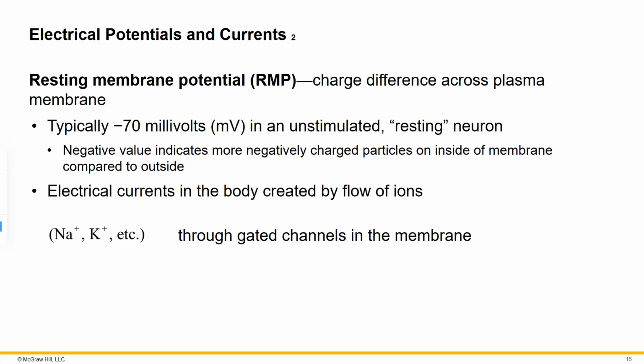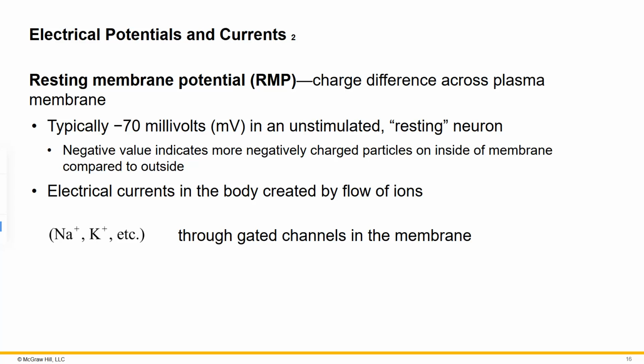So we call this a resting membrane potential of about -70. That number is significant, so you should make a note of the -70 number. It's been pretty well documented that that is our resting membrane potential in an average resting neuron.